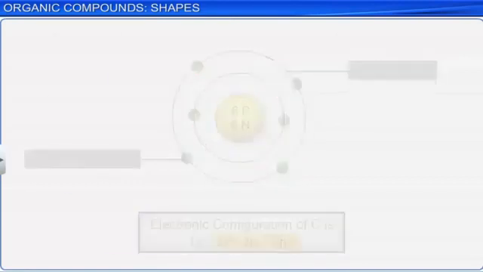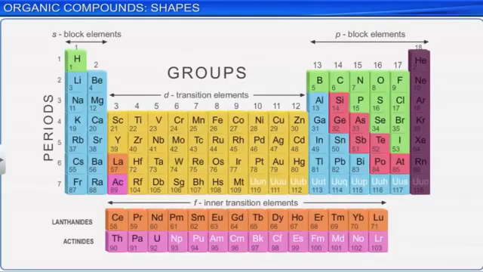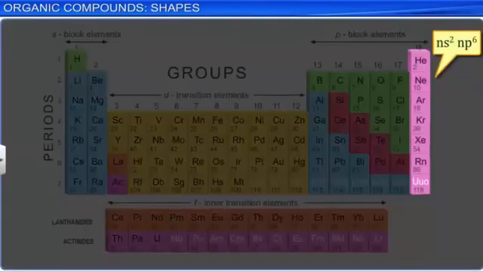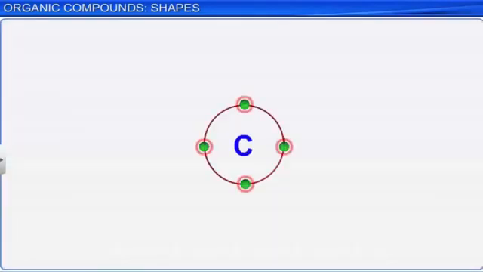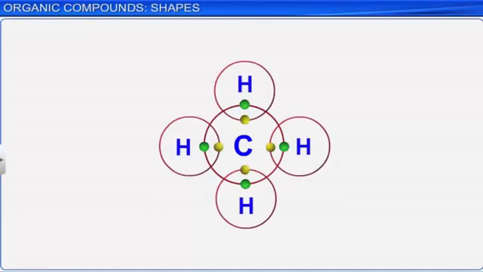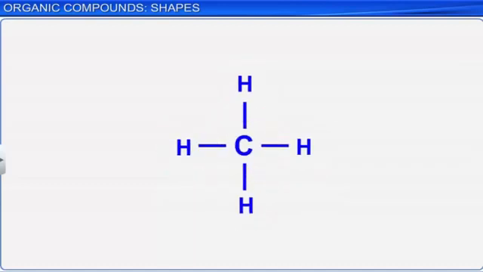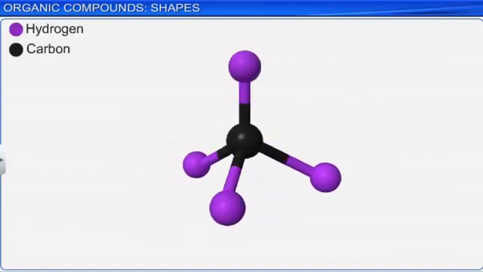All elements tend to complete the octet in their valence shell to become stable. Since carbon has 4 electrons in its valence shell, to complete its octet, the valence electrons of it form 4 covalent bonds with atoms of other elements. This characteristic of carbon atom, by virtue of which it forms 4 covalent bonds, is called tetravalence of carbon.